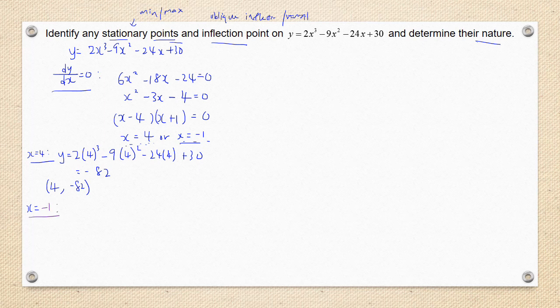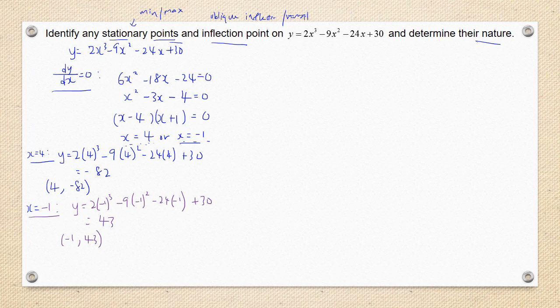So when my x is -1, substitute -1 into the equation, plus 30. You'll get your y coordinate equal to 43. So I have the second point now, which is (-1, 43).